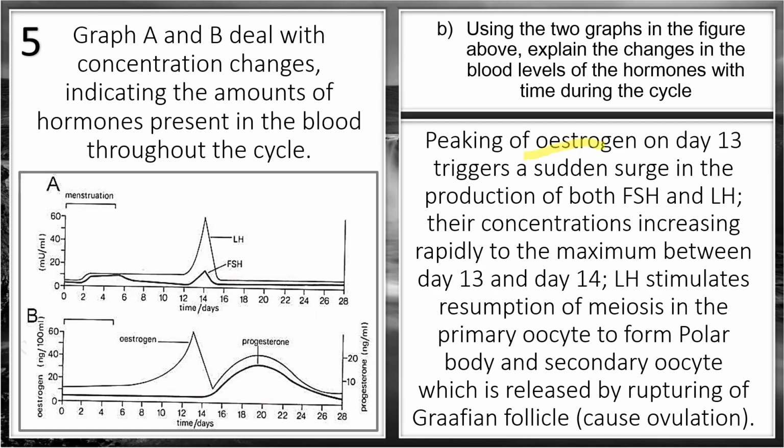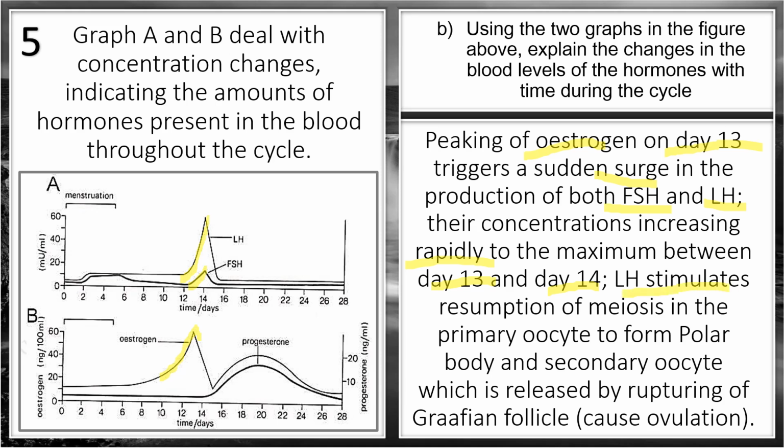Peaking of estrogen on day 13 triggers a sudden surge in the production of both follicle-stimulating hormone and luteinizing hormone. Their concentration increases rapidly to the maximum between day 13 and day 14. That is, because the estrogen has reached the maximum, it causes a surge of the production of luteinizing hormone and also follicle-stimulating hormone.